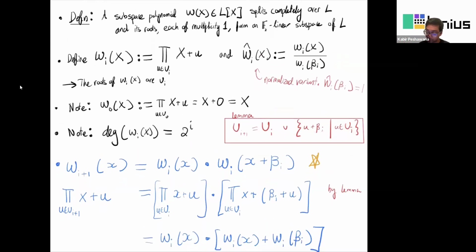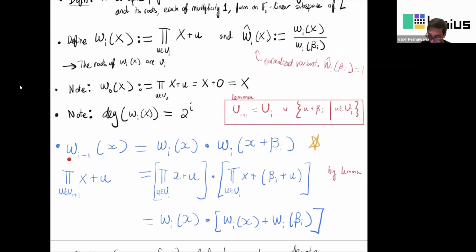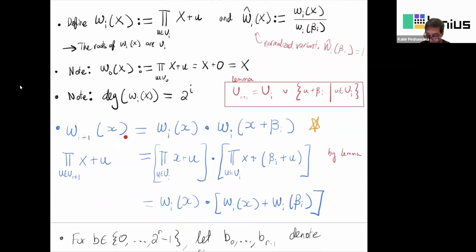Now that's a useful lemma because it allows us to prove this identity, that W(i+1)(x) is indeed equal to this. Why is that true? Well, this is equal to that definitionally, and this is equal to that definitionally, and this is equal to that definitionally. And these things are equal to each other by this lemma, right?